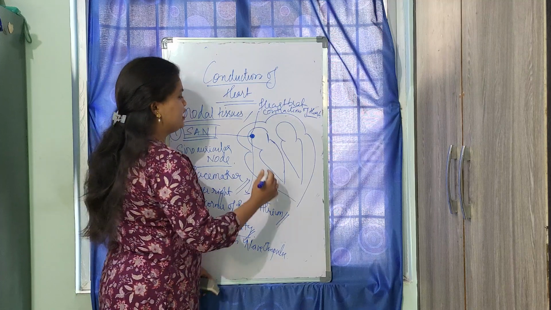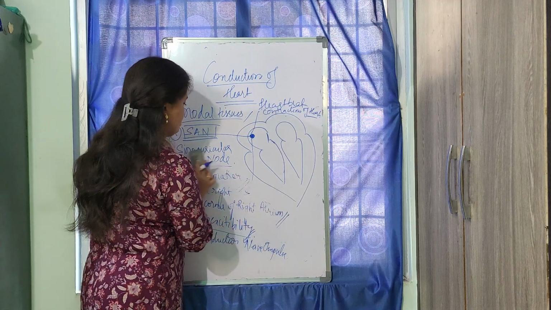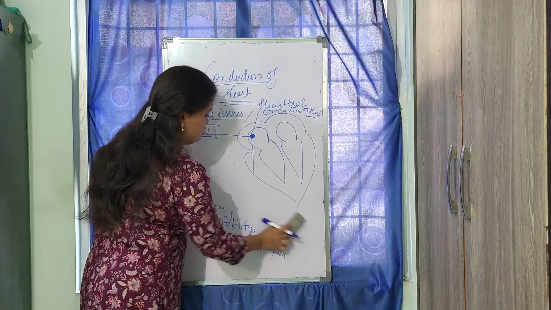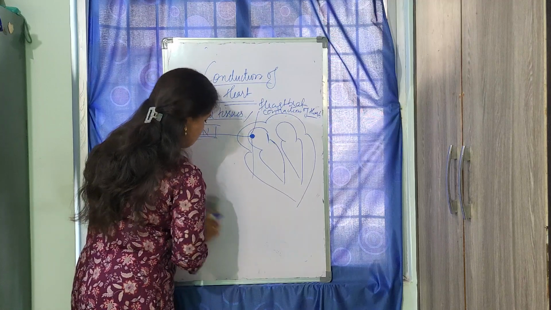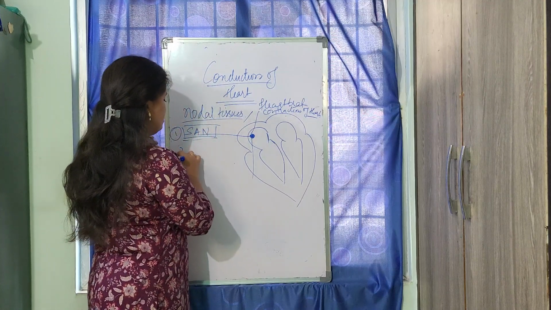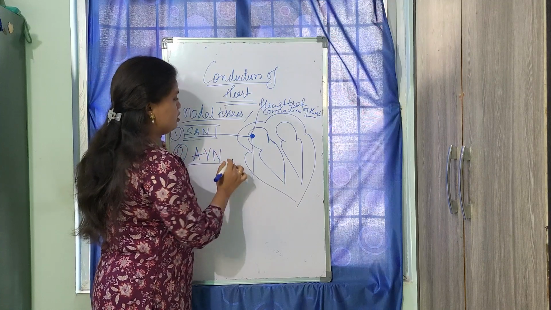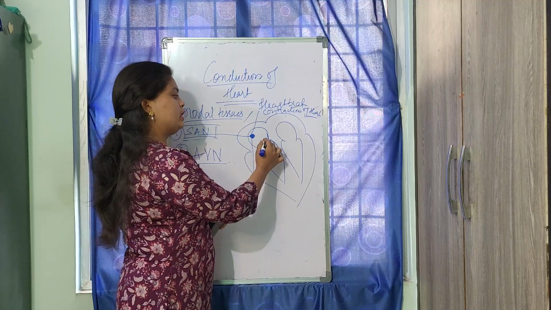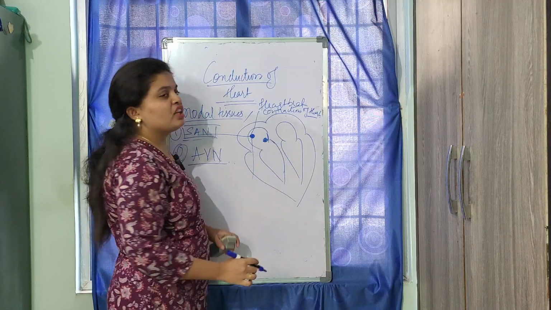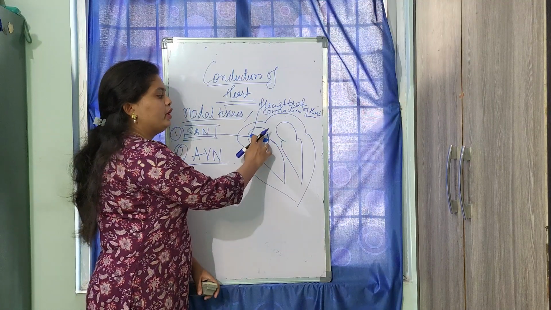Okay, and the next one is the AVN. This AVN is situated near the AV septum, atrioventricular septum.